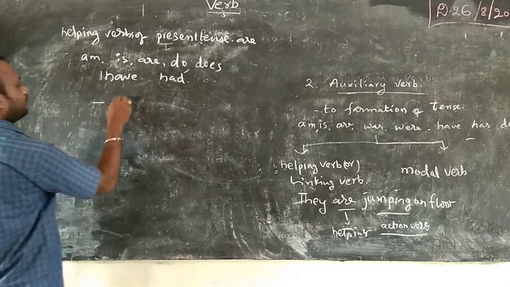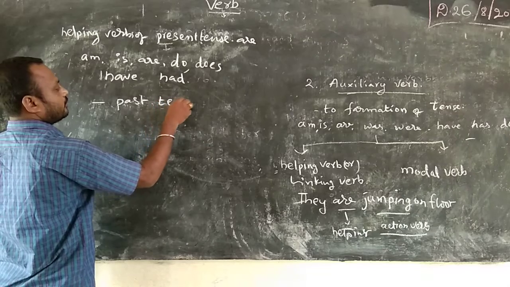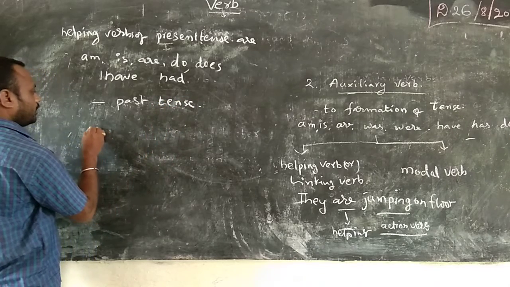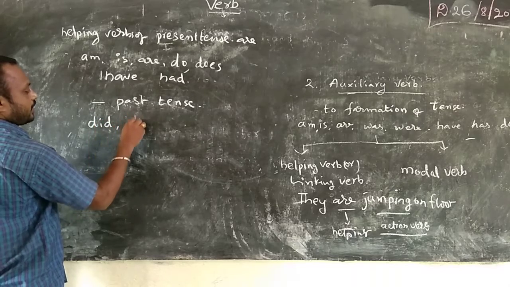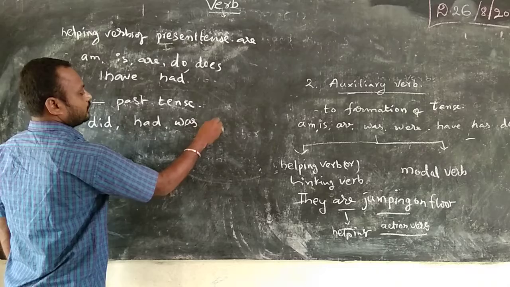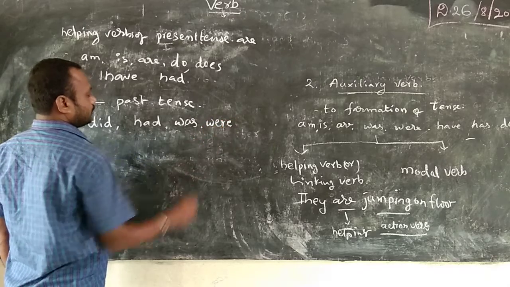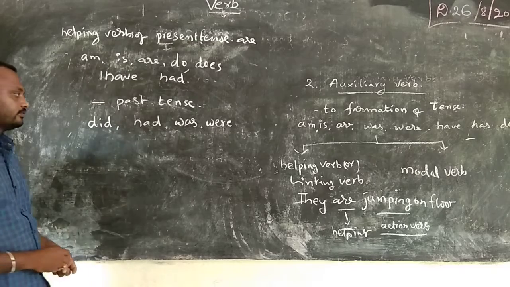Helping verbs of the past tense are did, had, was, were. These are the past tense helping verbs.